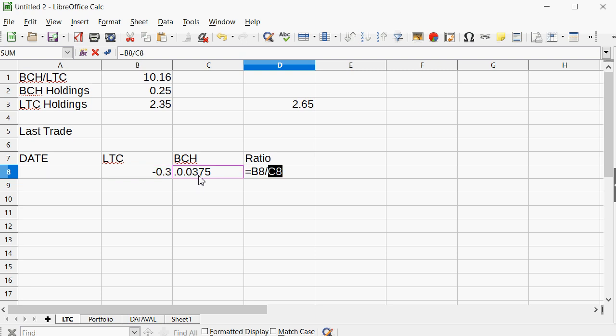And in this case, I need one negative, so let's just do that again. Negative C8. It doesn't matter which one. It's either B8 divided by negative C8 or negative B8 divided by C8. And it didn't work. So let's just try it again. This divided by negative this.